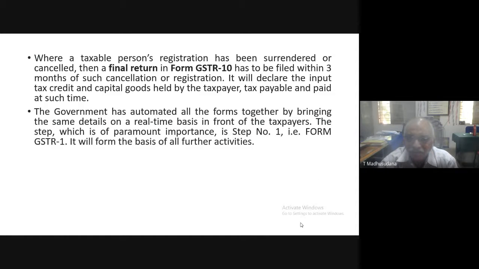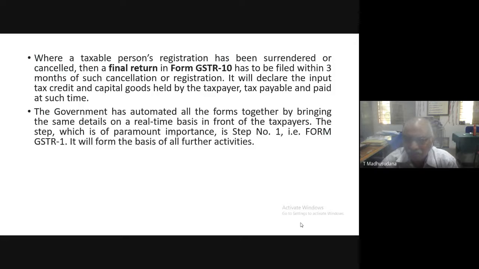The government has automated all the forms together by bringing the same details on a real-time basis in front of the taxpayers. All these various forms, whatever we have discussed so far, are made available on the website.